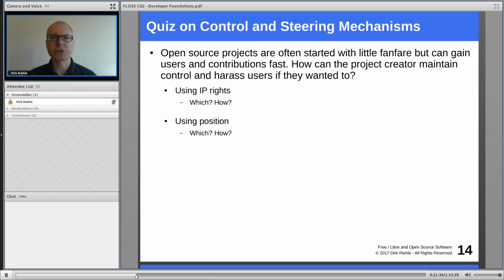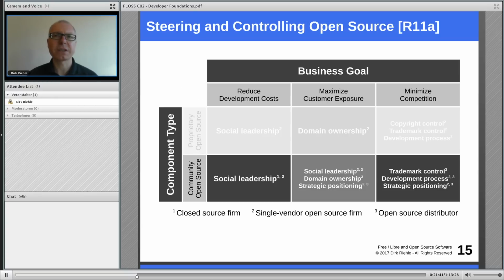Now, hard intellectual property rights are one thing. There's also the positional advantage that the owner or the original creator of the software typically has. They are the go-to person, and the social leadership they provide can lead the software project in one direction.